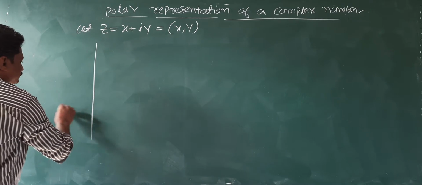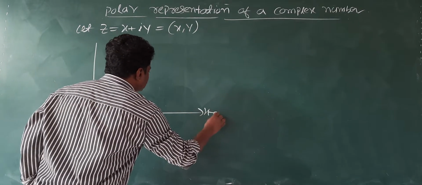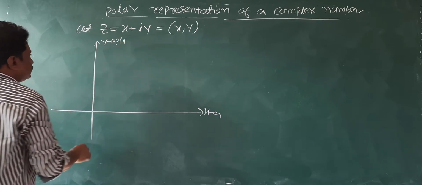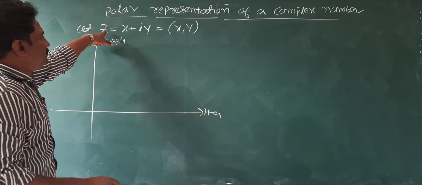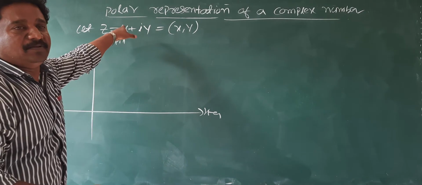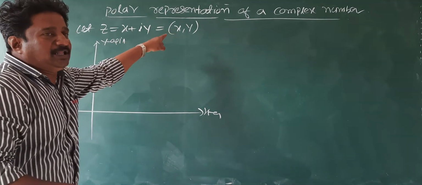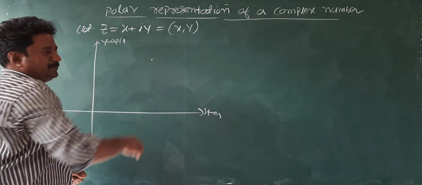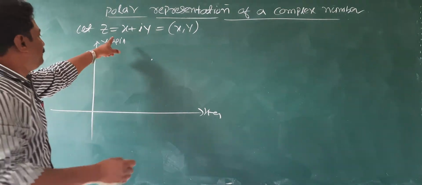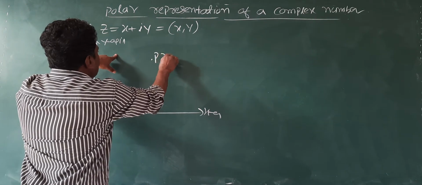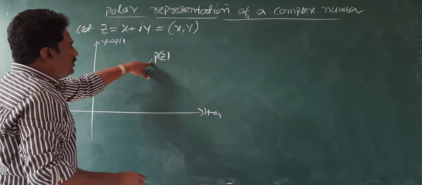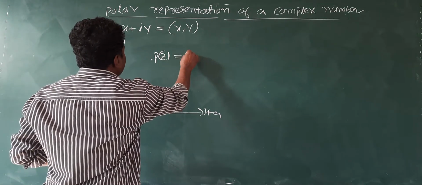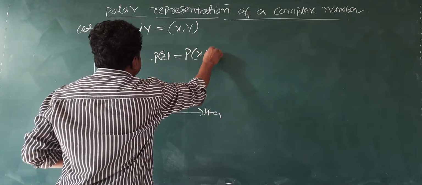Now look at this, students. This is the x-axis, this is the y-axis. I take this complex number, a point in the plane, somewhere on the plane, P. This is the complex number z, or P(x, y).